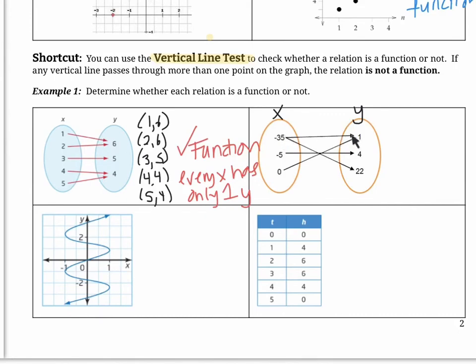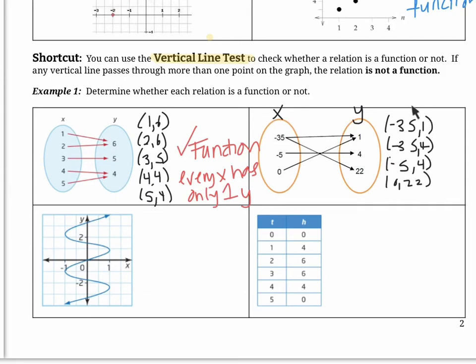So far, so good. But look at this arrow here. This says when I plug in negative 35, I also get 22. Automatically, we failed. When I plug in negative 35, I get a 1, and I also get a 22. By definition, this is not a function because I'm plugging in one x and I'm getting multiple y's.